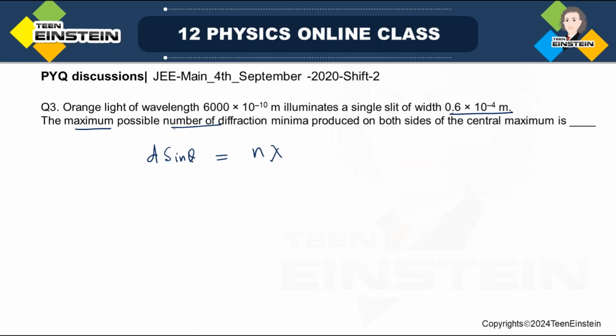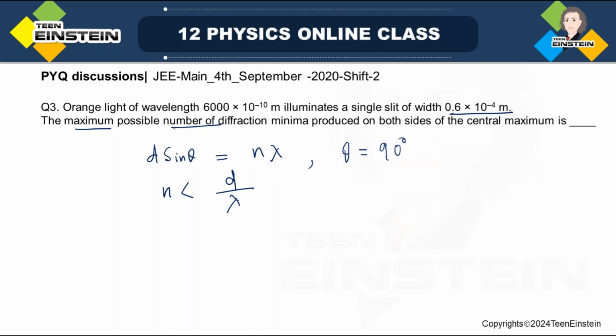And for maximum n, this theta will be 90 degrees, or less than or equal to 90 degrees. That means this number n will be less than or equal to d by lambda.